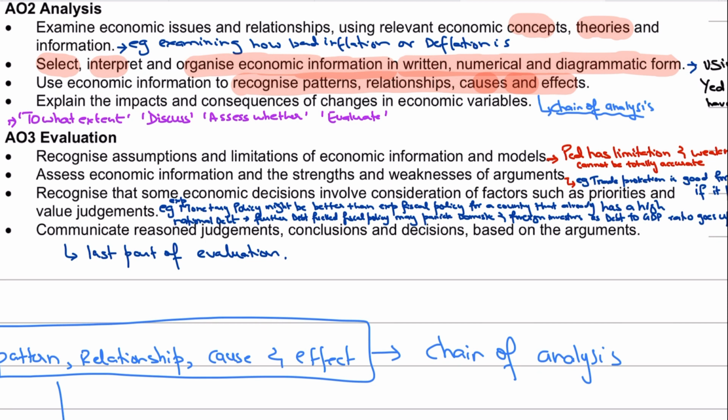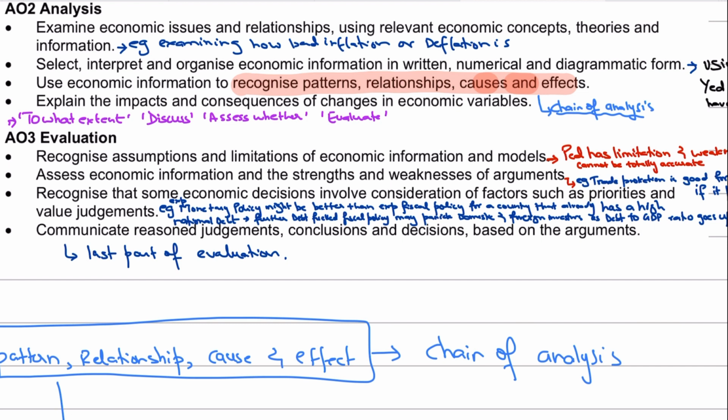Using economic information to recognize pattern, relationship, cause, and effect. Now, this is basically known as chain of analysis. So assessment objective 2, analysis, also involves creating a chain of analysis. Creating a chain of analysis does not only mean analysis; analysis also involves chain of analysis.